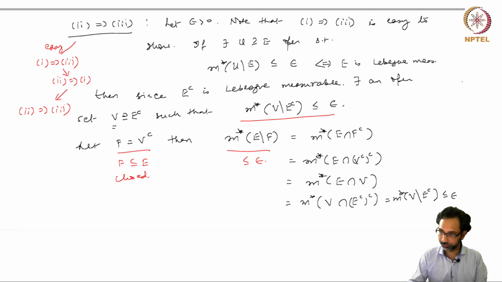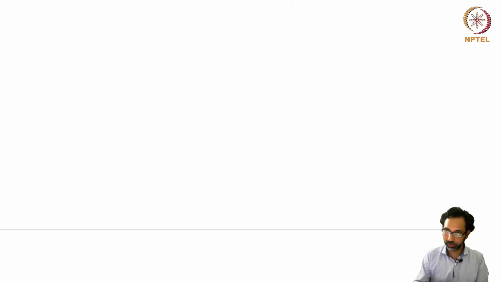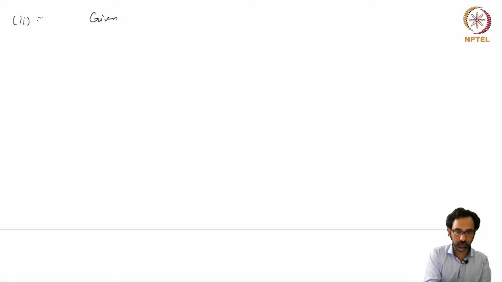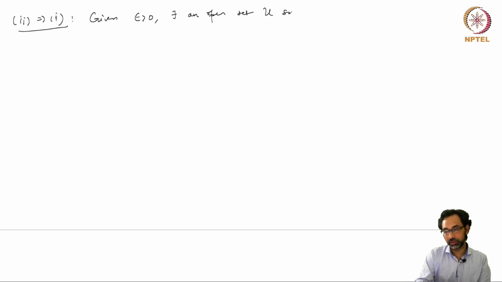So let's try to show that 2 implies 1, which means that we are given epsilon greater than 0, there exists an open set U such that the outer measure of U symmetric difference with E is less than or equal to epsilon.